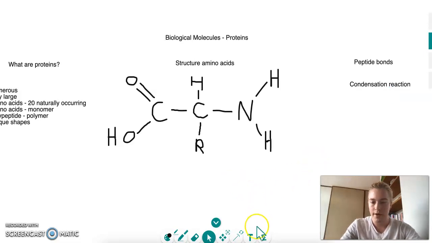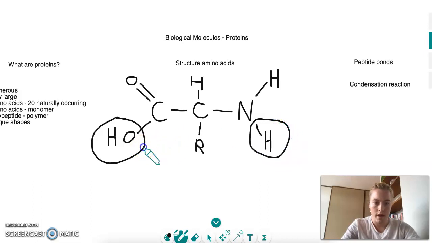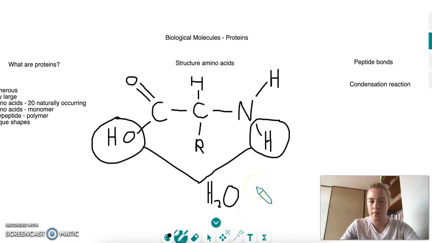So the way that the amino acids bond to each other is that the hydroxyl group of the carboxyl side chain and the hydrogen of the amino group bond with each other and form water, which is then removed from the molecule.